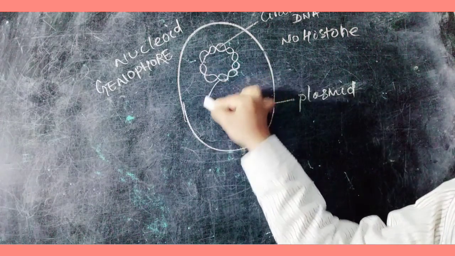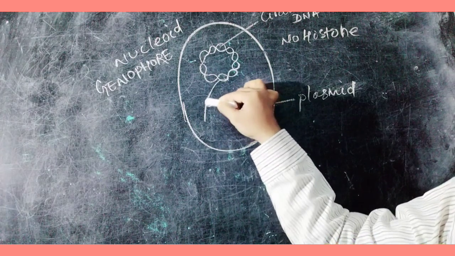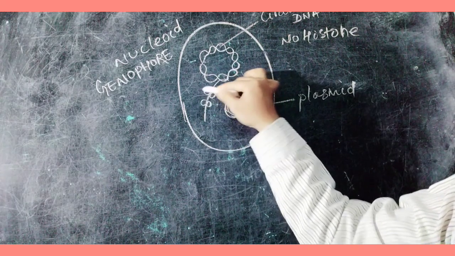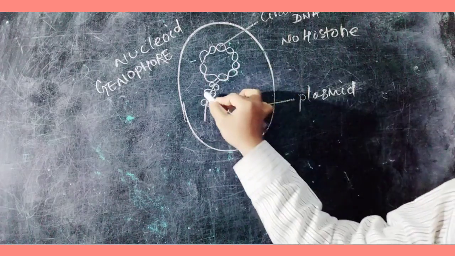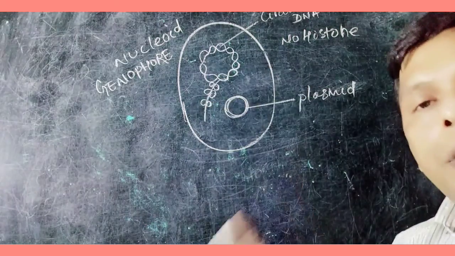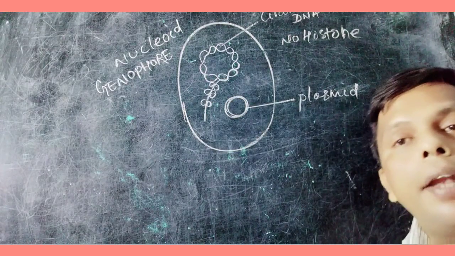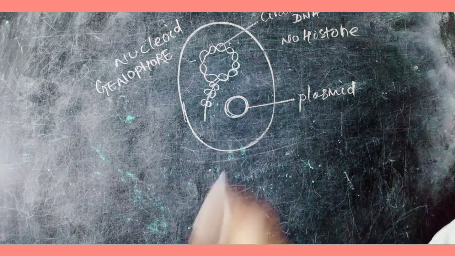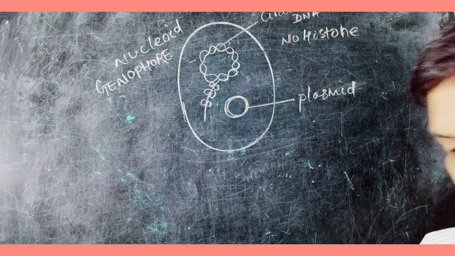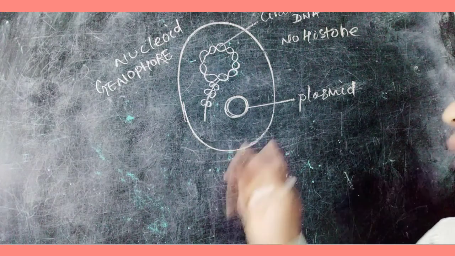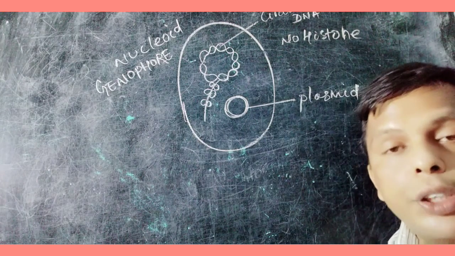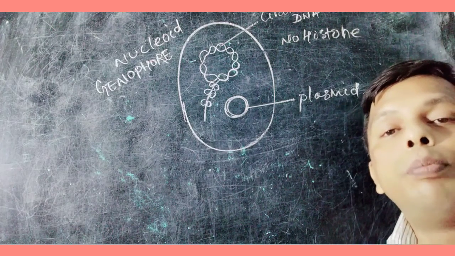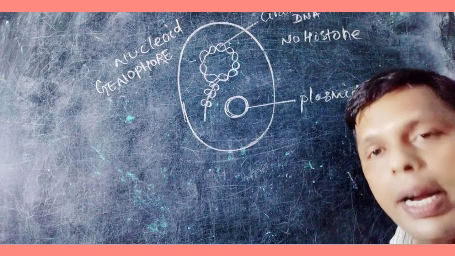Sometimes the DNA remains attached with RNA and ribosome. This 70S ribosome attached to RNA forms polyribosome or polysome. Proteins are synthesized from it. So it is all about the structure of prokaryotic cell or typical bacterial cell.